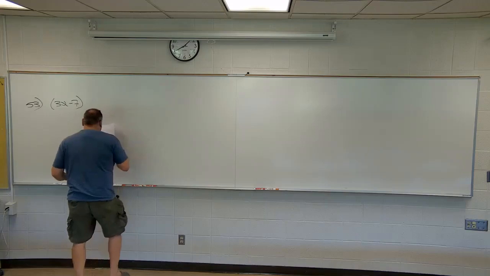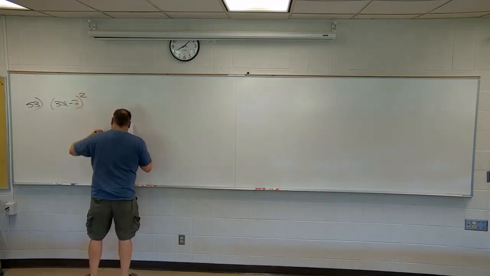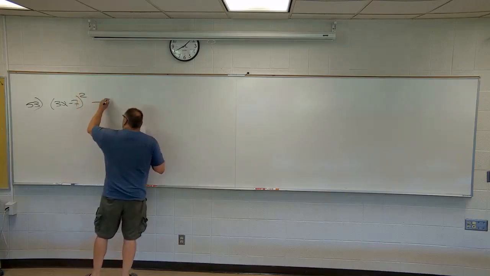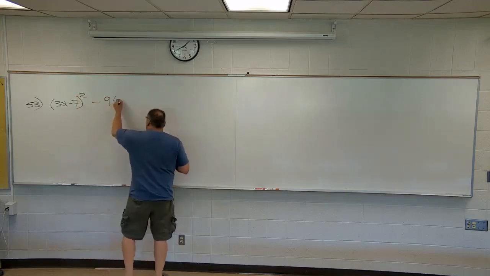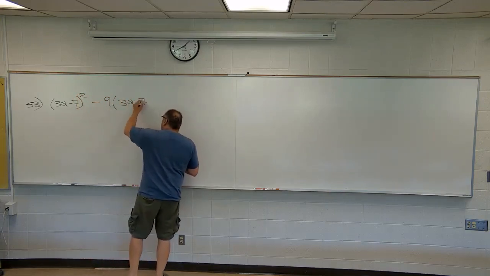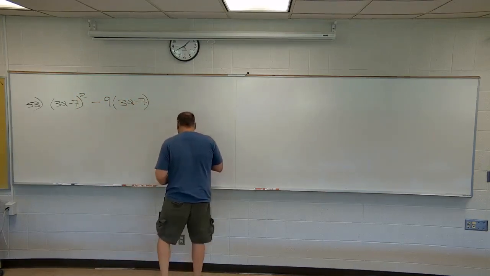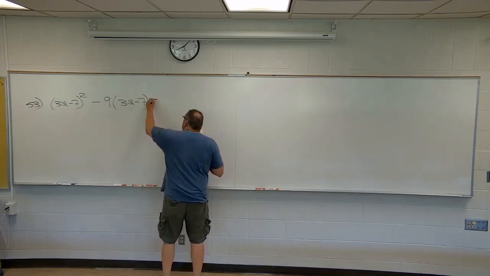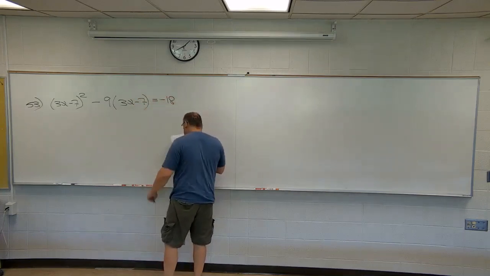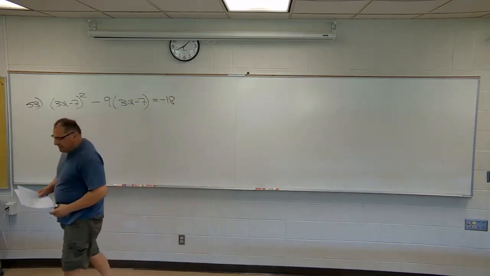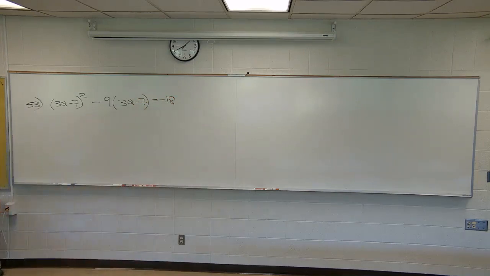The quantity 3x minus 7 squared, minus 9 times the same quantity, 3x minus 7, equals negative 18. It's trying to pull a fast one on you, to intimidate you on how to do this. I got an idea.